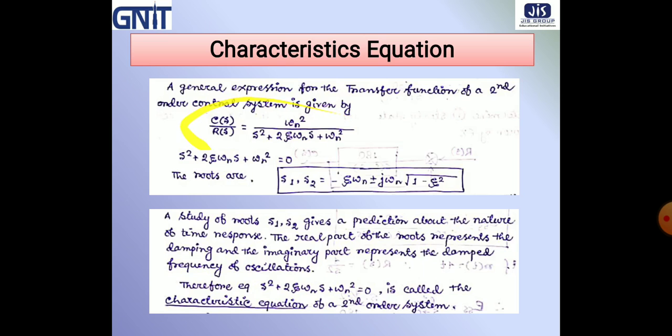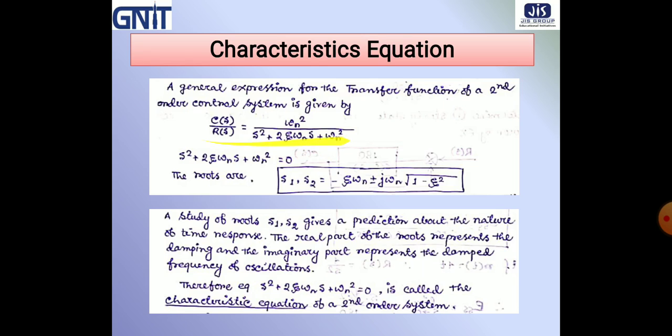This is basically the transfer function of a standard second order system, where C(s)/R(s) is equal to omega n square divided by s square plus 2 zeta omega n s plus omega n square, where omega n is the natural frequency, zeta is the damping ratio.